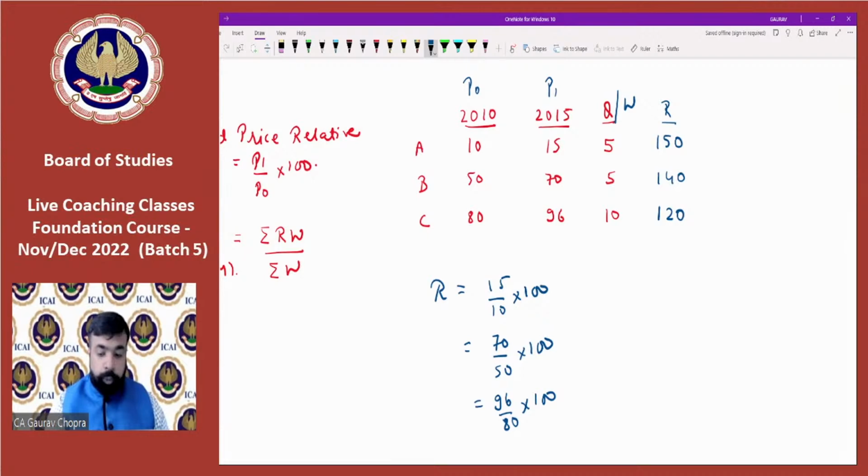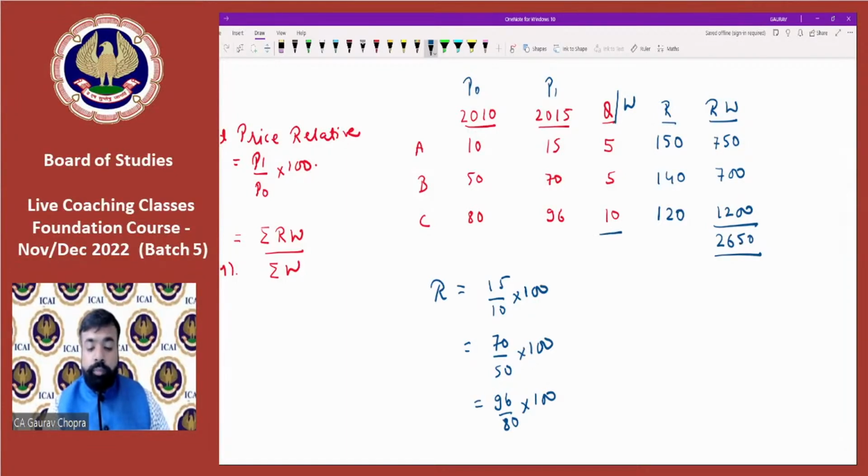Now what we have to do is apply the formula, that is RW. R multiplied by W. So 150 into 5, 750. 140 into 5, 700. And 120 into 10 is 1200. Now the total. 2650 is the total.